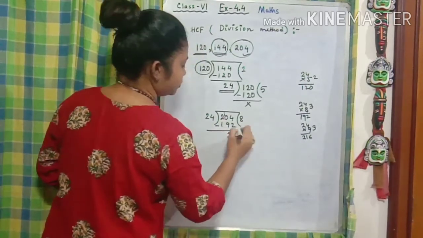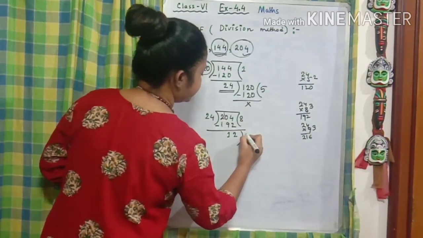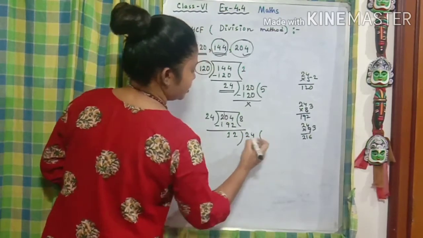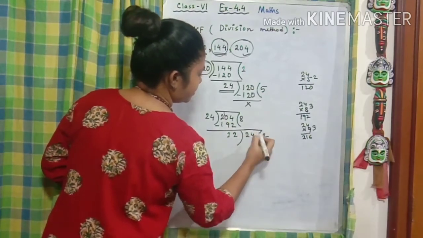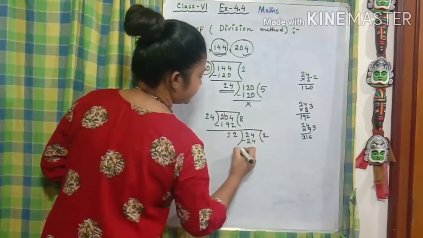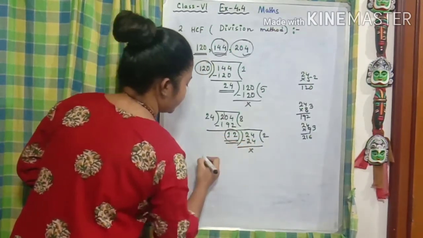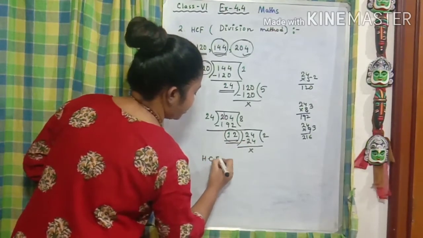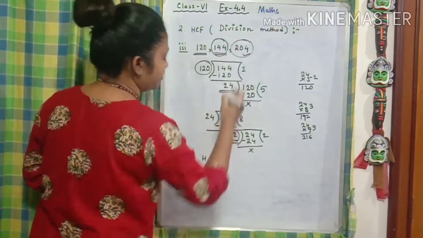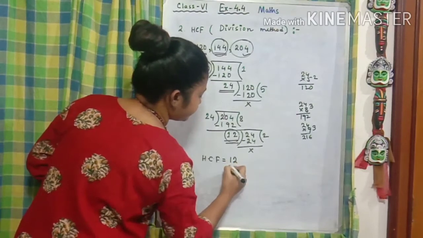Okay, now 12 is coming as the remainder, and then 12 twos are 24. So here our answer is 12. Okay, so the highest common factor between these three numbers is 12.